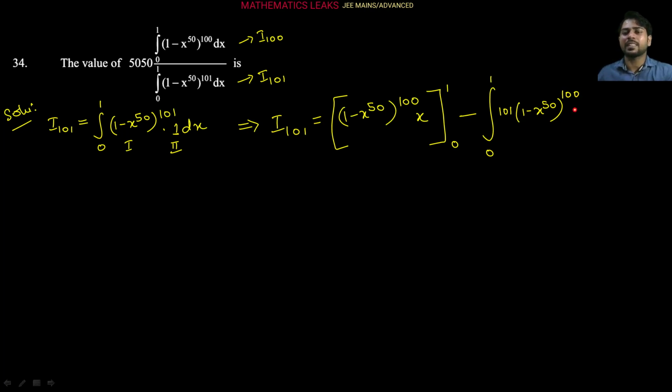And then 1 minus x to the power 50 differentiation, that is minus of 50 times x to the power 49, right? That it is into first function differentiation into second function integration. So one integration will come x, dx, that it is clear.